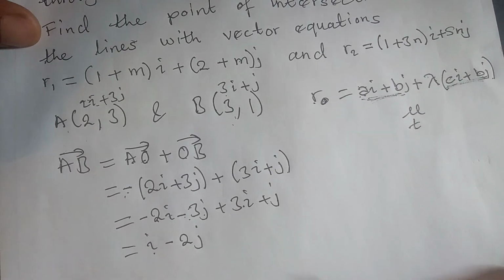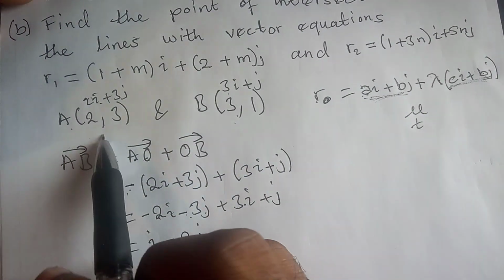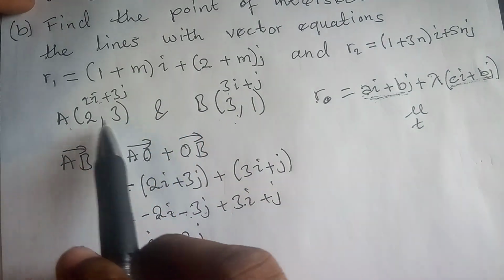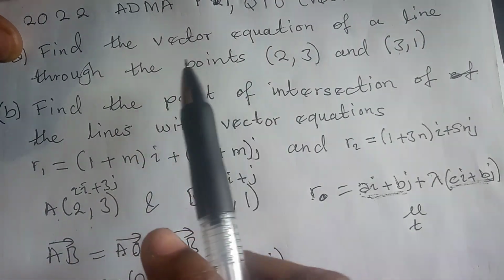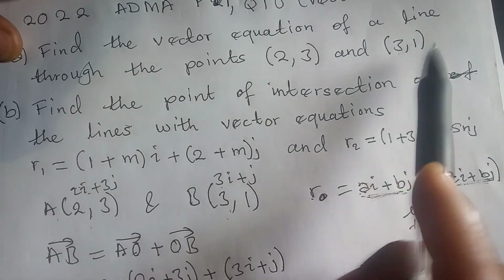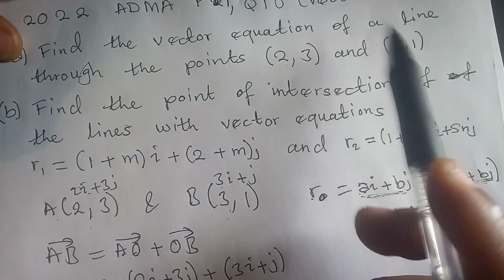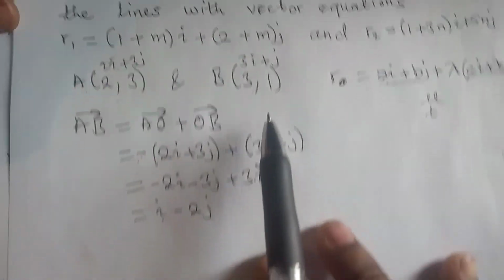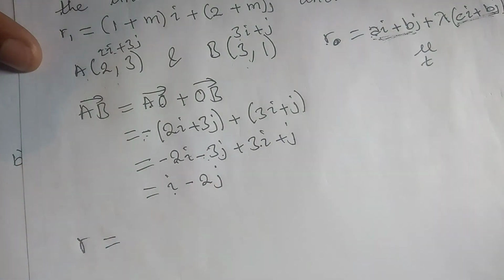Okay, so now all we need is to pick a point along that line. Remember, according to the question, we want to find the vector equation of a line through these two points. So that means this point and this point are both on that line. So you can pick any of these two and say the vector equation is equal to r.